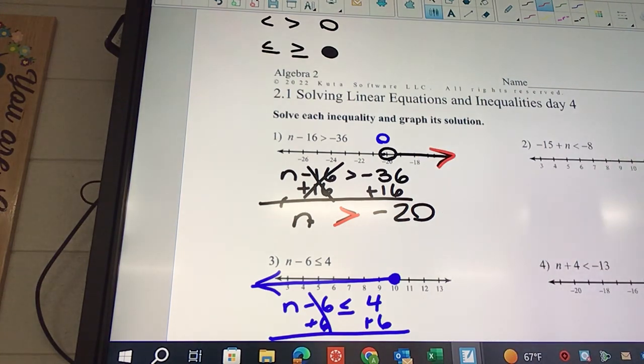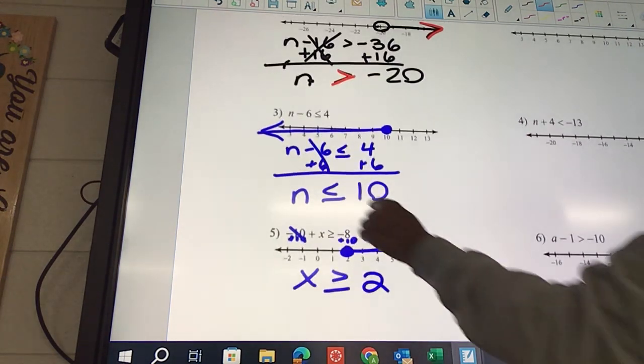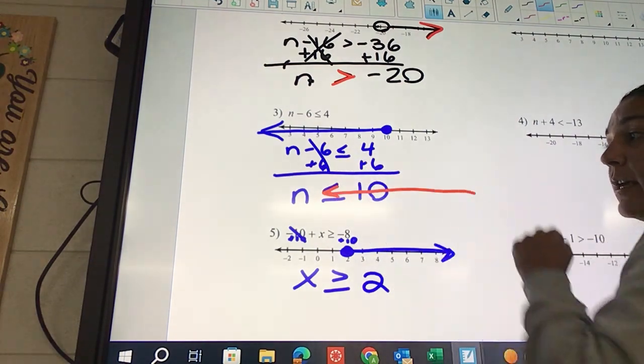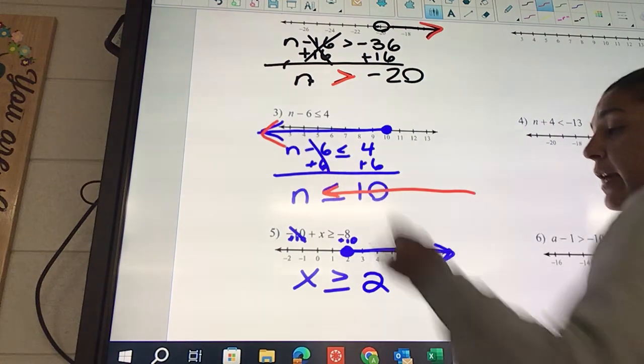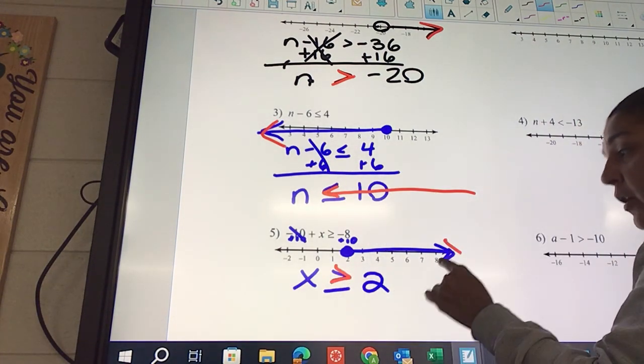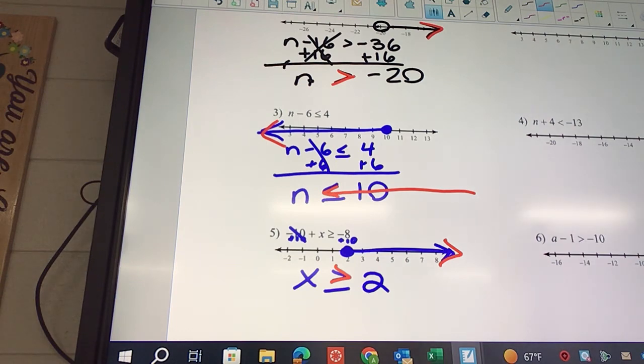Same thing here, this one is pointing that way. If you extend the line, this one is going this way. Which way is my arrow going? Same way. So that is a cheater way if you get confused on which way to go.